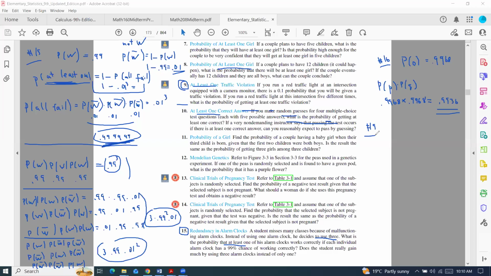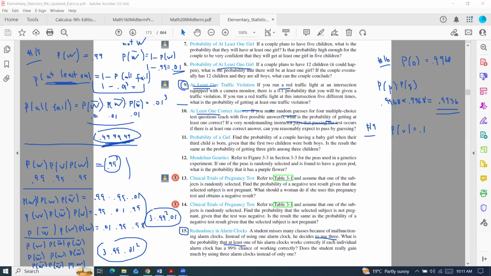So in exercise number 9, I will say at least one traffic violation. And somebody decides to run the red traffic light, because the probability that there will be a ticket is 10%, which is actually 0.1. That is kind of high, but still you may not get it.